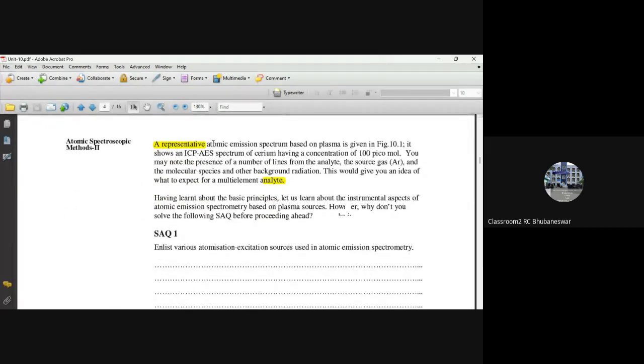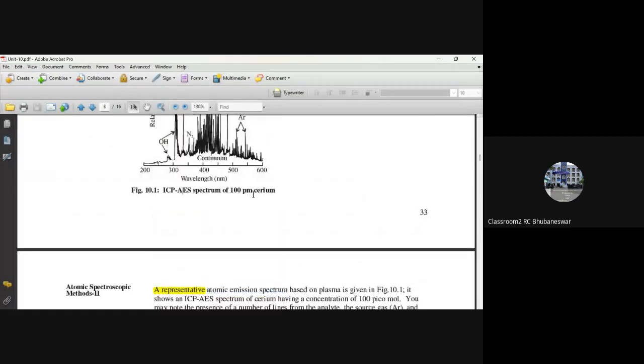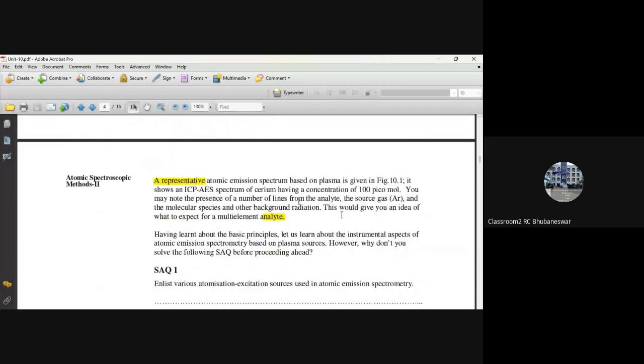A representative atomic emission spectrum based on plasma is given in figure 10.1, which I was showing. It shows an ICP-AES spectrum of cerium having a concentration of 100 picomole.